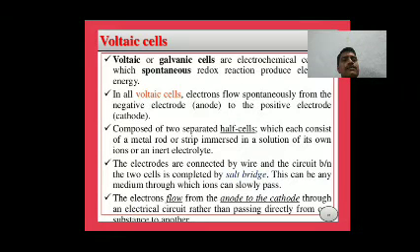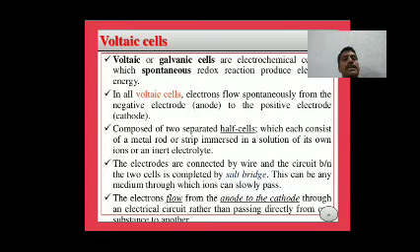The electrodes are connected by wire, and the circuit between the two half cells is completed by a salt bridge.